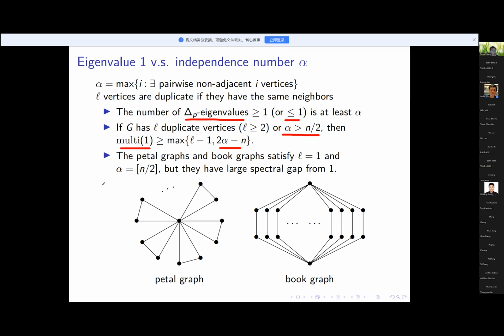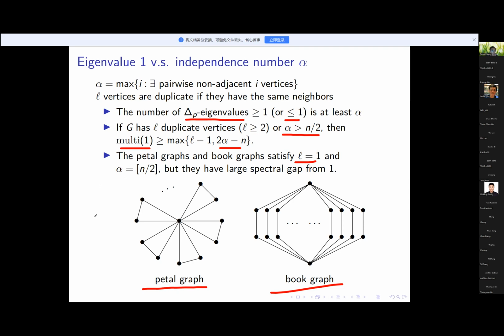Very interestingly, if the graph has no duplicated vertices and the independence number is n over 2, then the number 1 may not be an eigenvalue. For example, the tile graphs and book graphs shown like this realize the largest spectral gap from 1 for their graph Laplacian.